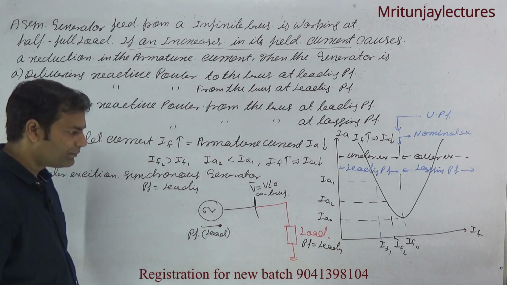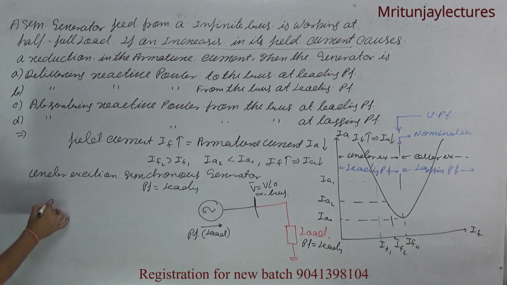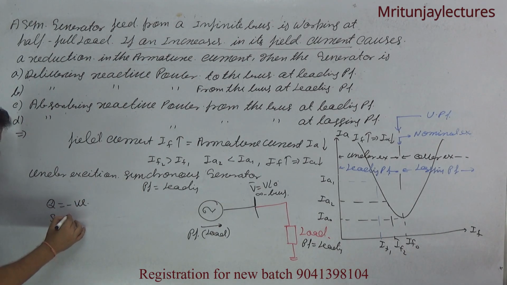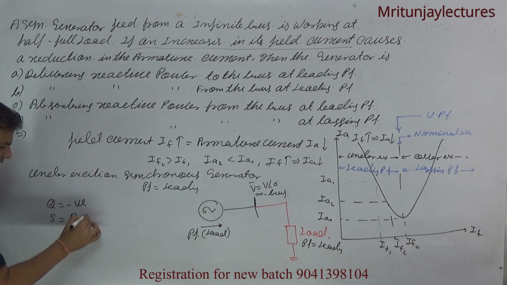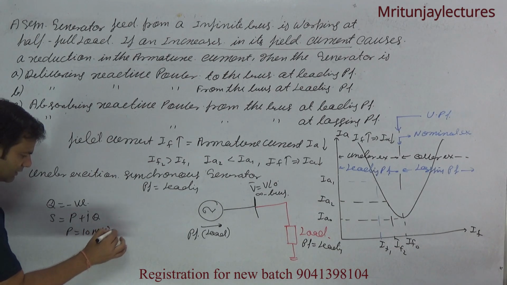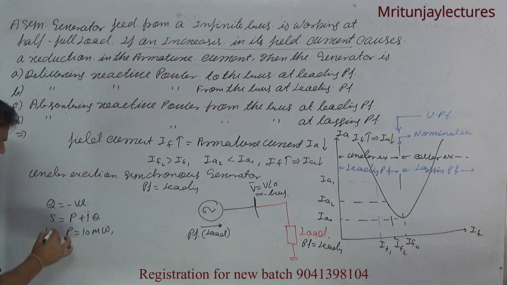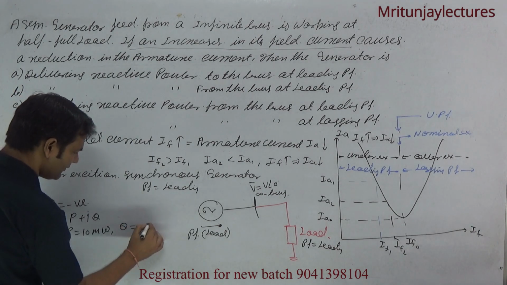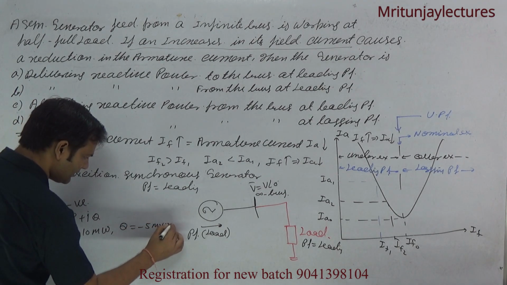Clear? What about Q? Q is negative. If S is written as P plus jQ, and P is equal to 10 megawatt, and Q is equal to minus 5 MVAR.